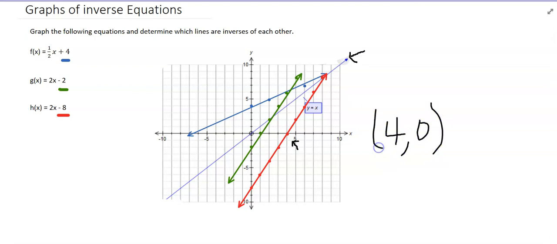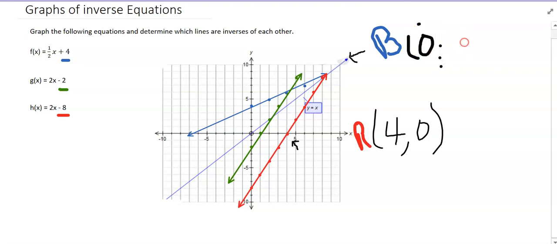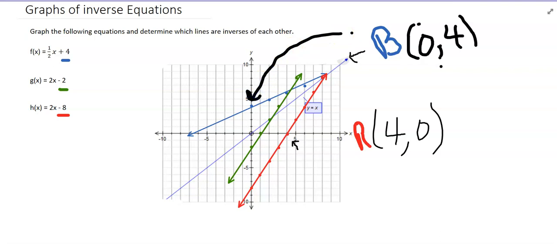So on the red one, I have the point (4,0). Do I have its inverse point on the blue one? In other words, do I have the point (0,4)? If I check and it's there, then I pretty much will confirm my thought process that this is working, and so I do have that point right there.